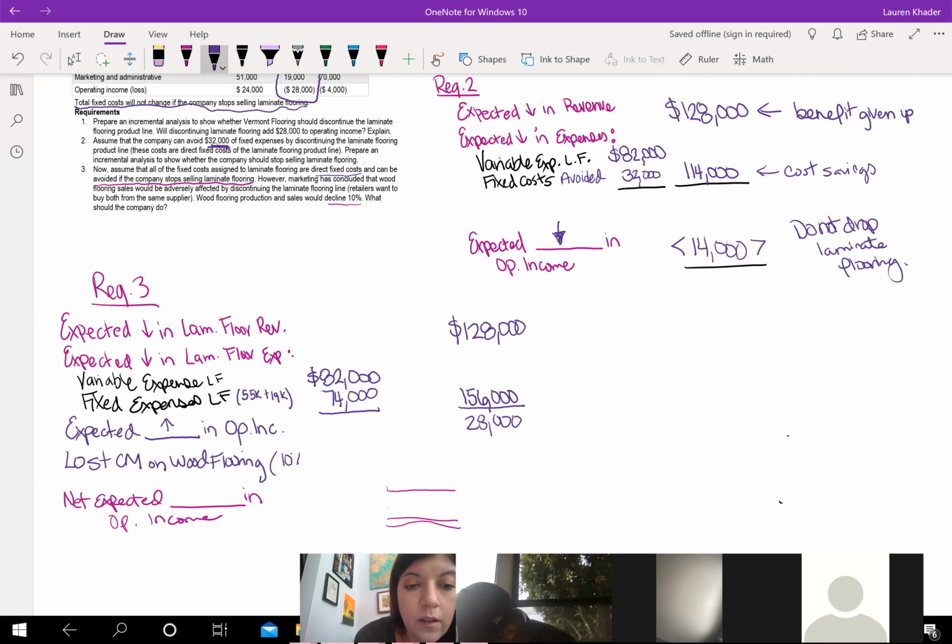So 10% loss times 150,000 contribution margin. So that's going to be $15,000 in contribution margin that they're going to give up.